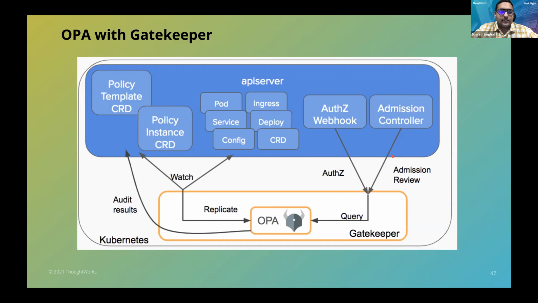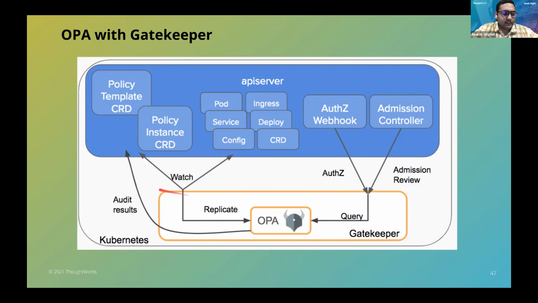It can check if a user is allowed to do that or not, and it can also check if the resource policies are met or not, right? So for example, if I am allowed to create a pod here first, and then if my pod fulfills all the resource requirements, if the CPU and memory requested is below what is available, these kinds of admission controller and OSG webhook checks you can do with Gatekeeper.